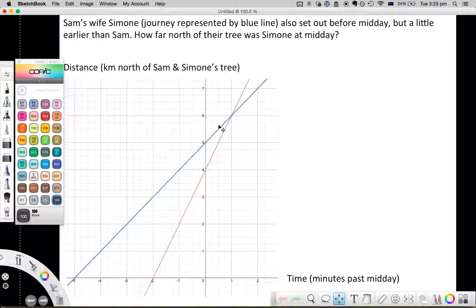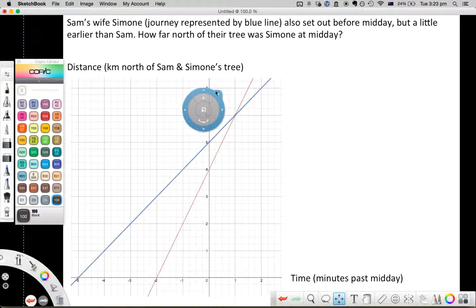Sam's wife, Simone, they're both sloths, and her journey is represented by the blue line because we just saw Sam here, also sets out before midday, but a little bit earlier than Sam. So she sets out here. So she's actually leaving the tree 5 minutes before midday, whereas Sam left it 2 minutes before midday. How far north of their tree was Simone at midday? So she was going a bit slower, and you can see they caught up to each other here.